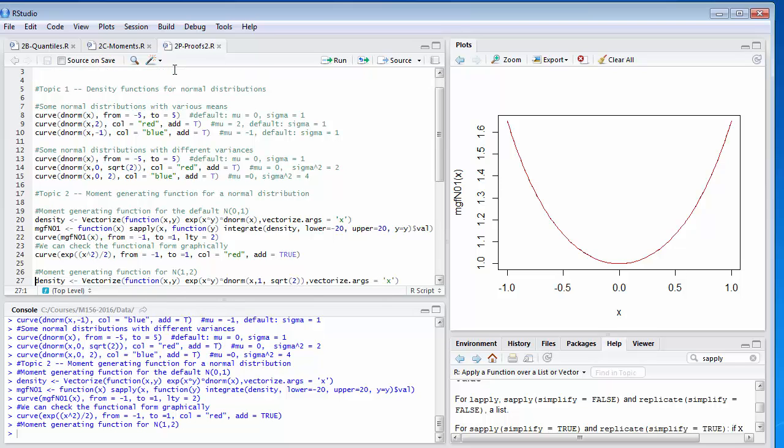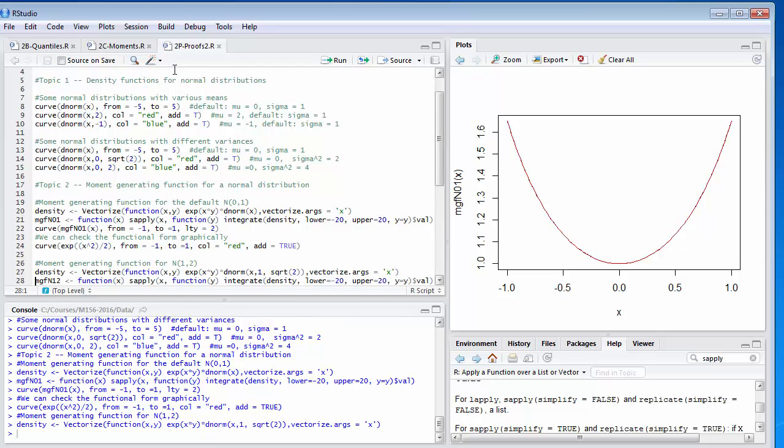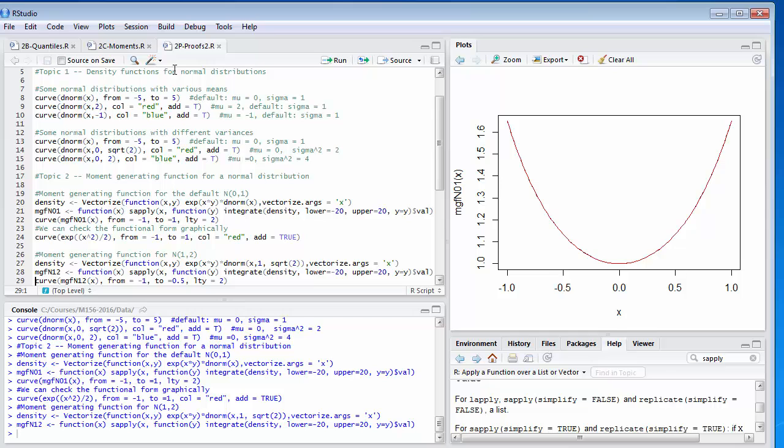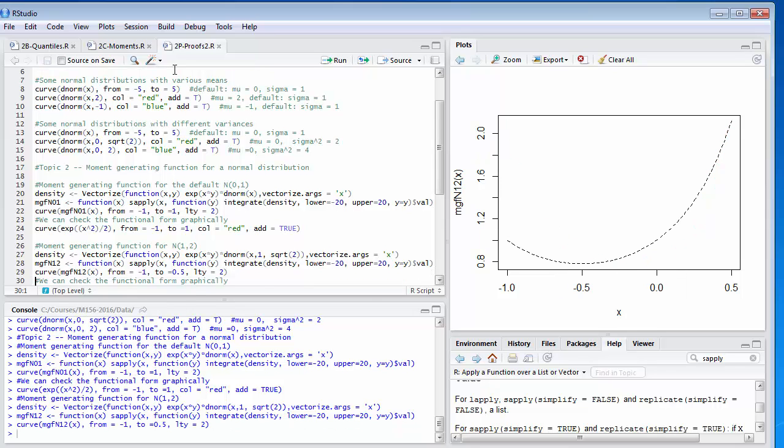Now suppose we do it for the normal distribution with a mean of 1 and a standard deviation of 2. Once I figured out how to write this code, I just copy it and modify it. So here's the moment generating function for N(1, 2). And you can see that's a piece of a parabola too, but it's a different looking parabola.